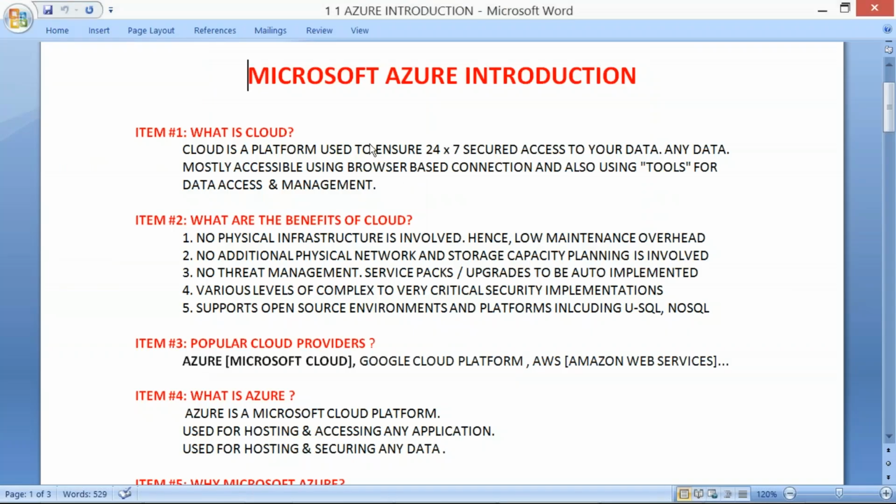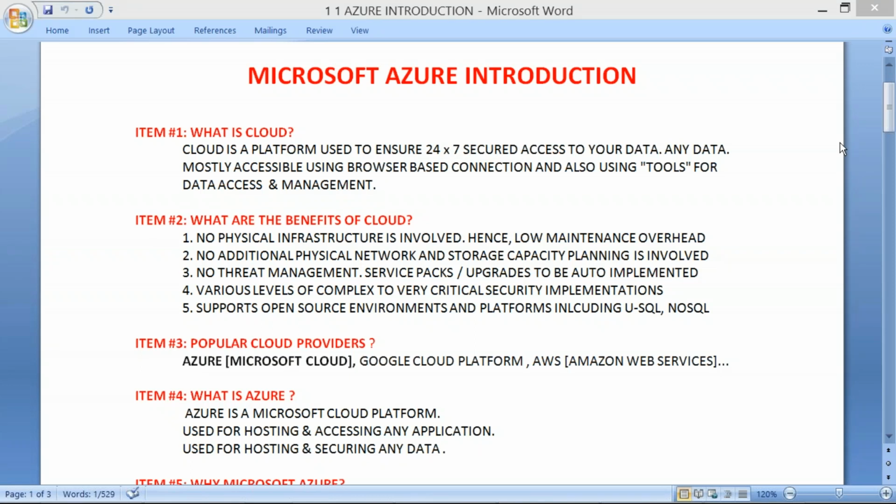On my screen, what is cloud? A platform used to ensure 24/7 access or 24/7 secured access to your data. Any type of data, no exceptions. So this data environment is accessible using a browser or sometimes even using the client tools also.